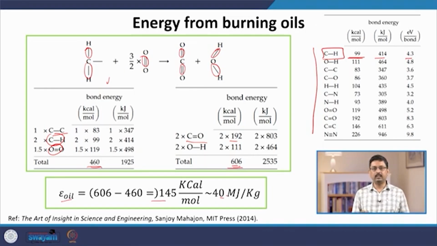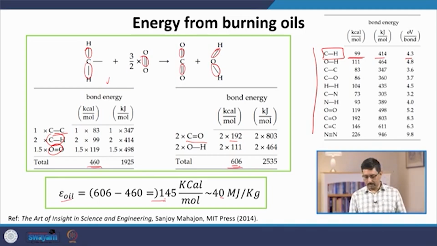This is the energy source that is driving the car, and this estimate comes out to be about 145 kilocalorie per mole, using this particular set of numbers.